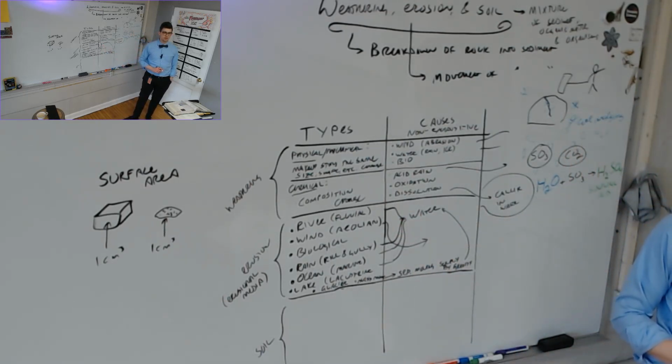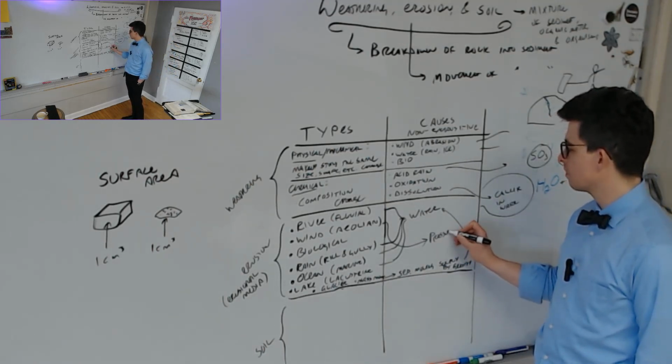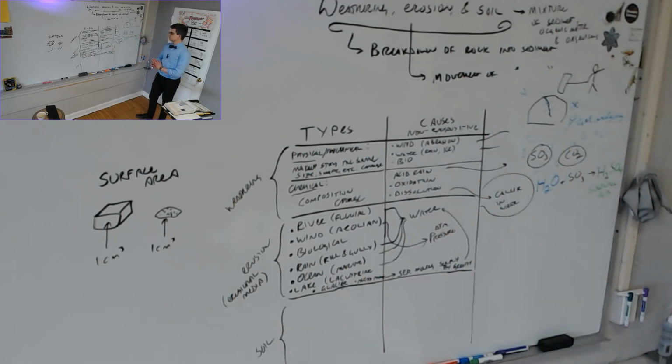Wind is caused by differences of what in the atmosphere? Pressure. I'm going to put ATM, standing for atmosphere, atmospheric pressure. That's just kind of a basic rundown of erosion.